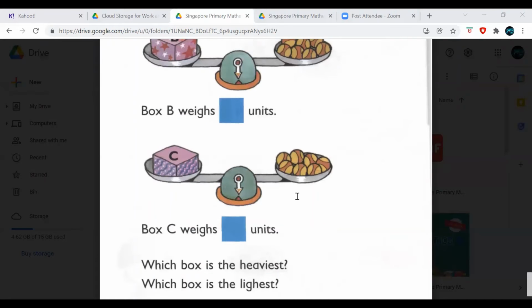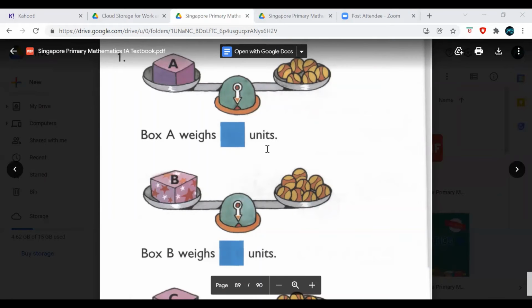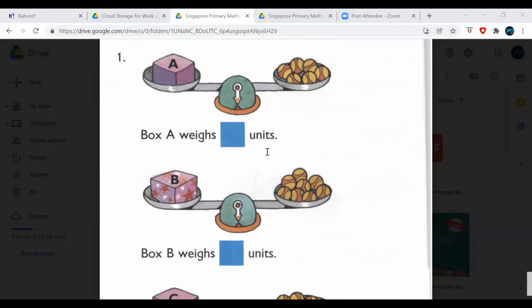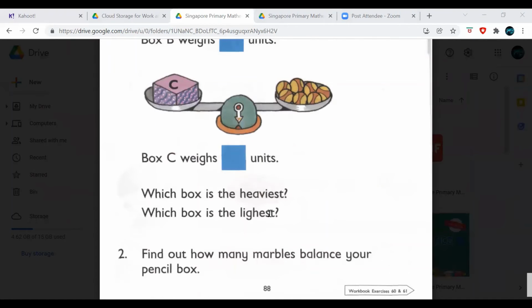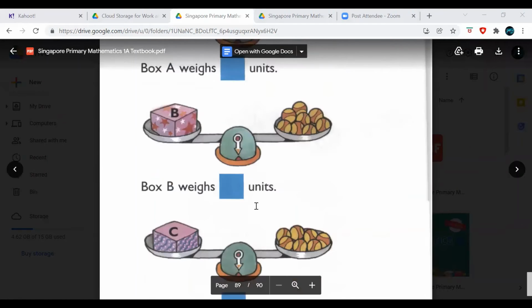Okay, what about C? 7. 7, nice job. Okay, so which box is the heaviest? Box A, box B, or box C? Box B. Box B, perfect. Okay, and which box is the lightest? Box A or box C?